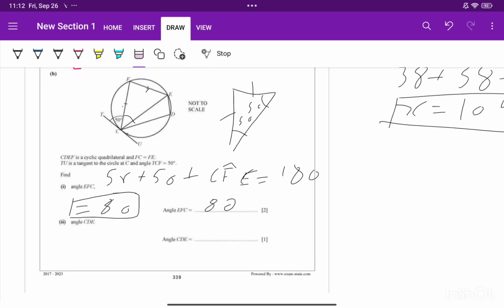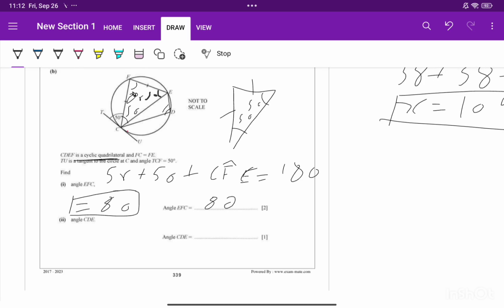Angle CDE, okay, this is 80. We need to find this angle CDE. As we know, CDEF is a cyclic quadrilateral, and in a cyclic quadrilateral the opposite angles add up to 180.